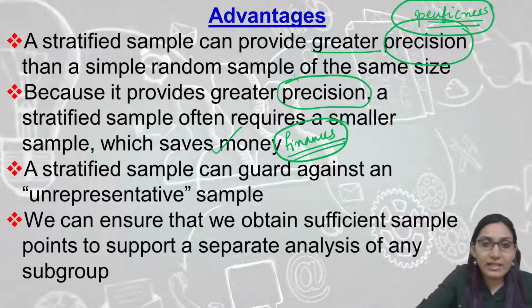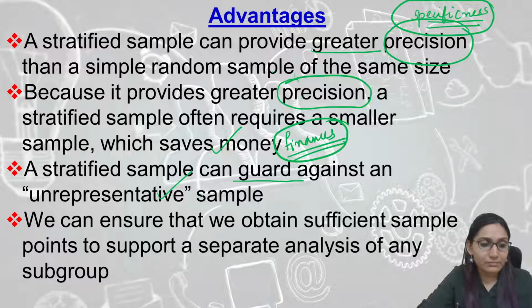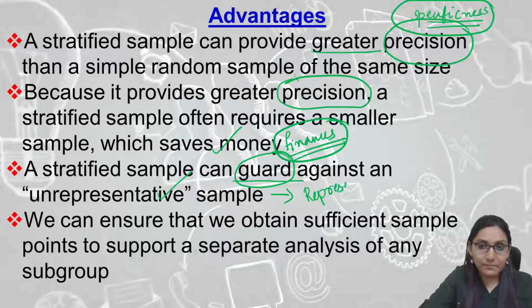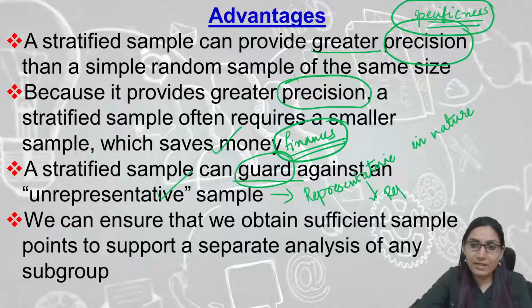A stratified sample can guard against any unrepresentative sample. So it can guard against any unrepresentative sample, which means it is more representative in nature. It represents the entire population. Representative in nature means it represents the entire population.